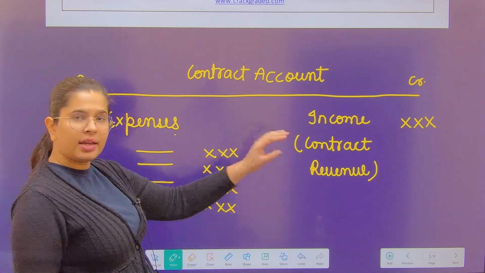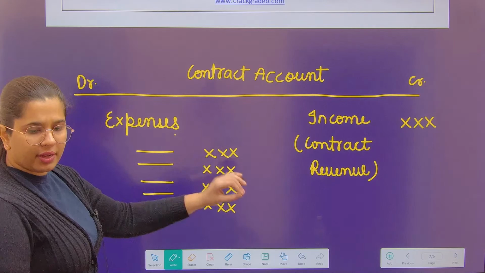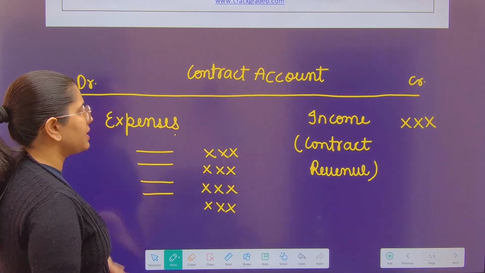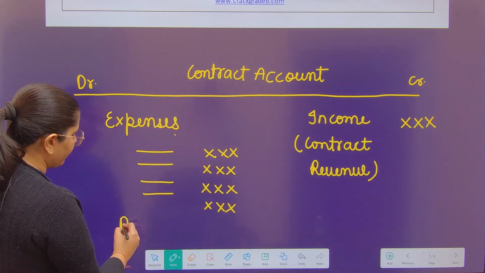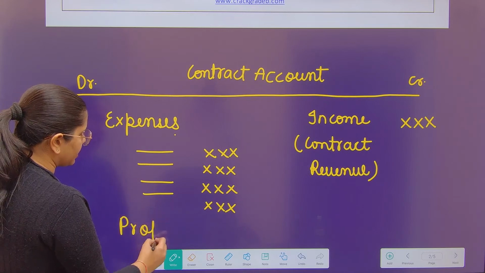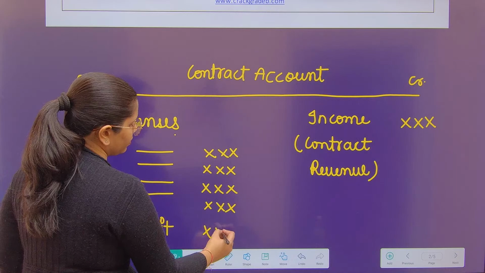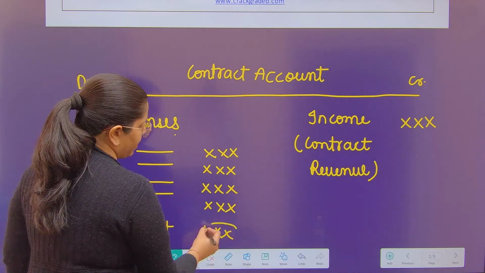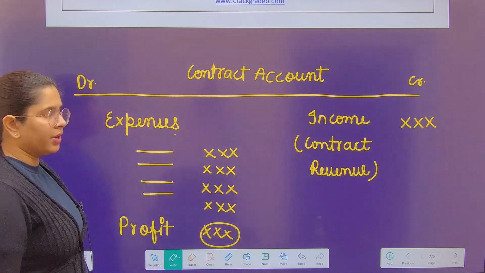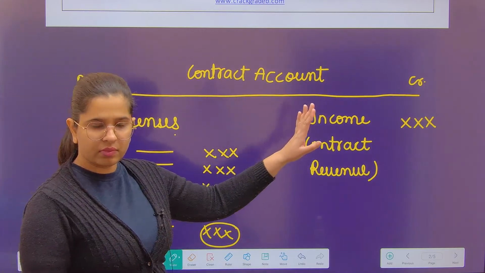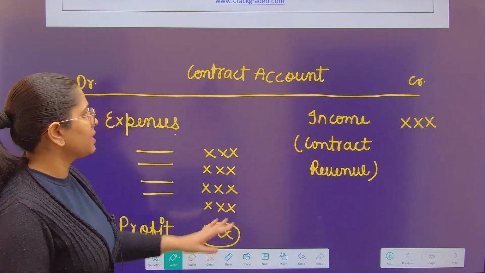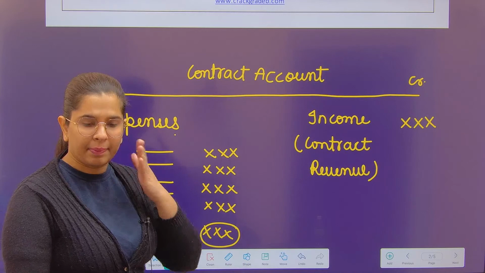Finally, if your income is more, meaning your revenue is more and your expenses are less, then you will witness what we call a profit. You will reduce expenses from income, and this is how your contract account will be prepared.